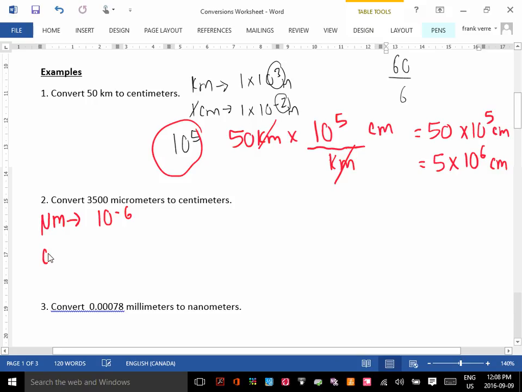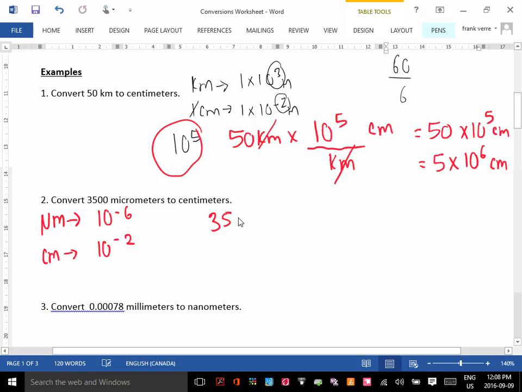Relative to the base, what's a centimeter? 10 to the negative 2. Okay. What's the bigger unit? Centimeter, right? The centimeter is the bigger unit. Remember, a centimeter is a hundredth, a micrometer is a millionth. So we want to go from micrometers to centimeters.